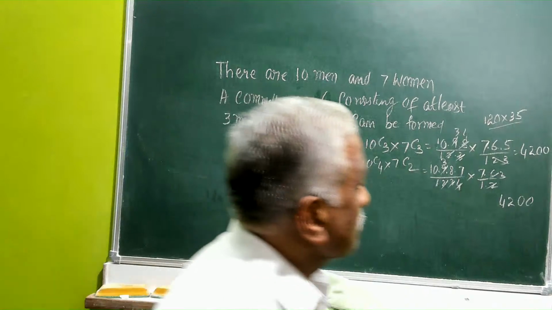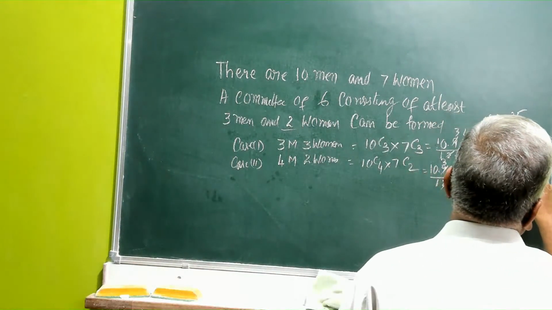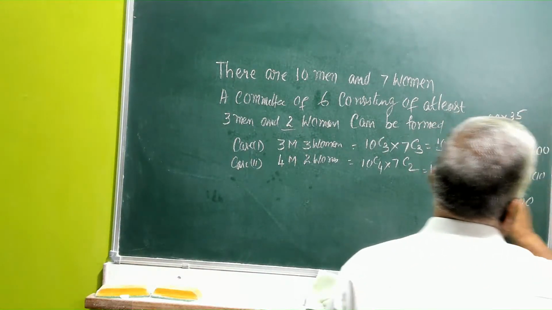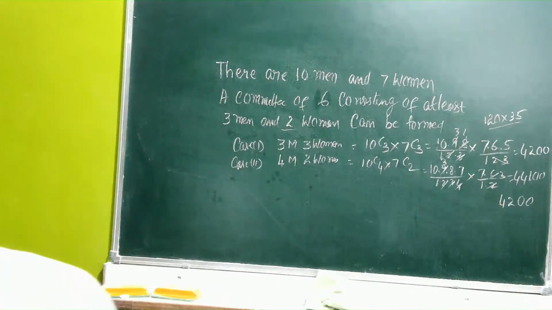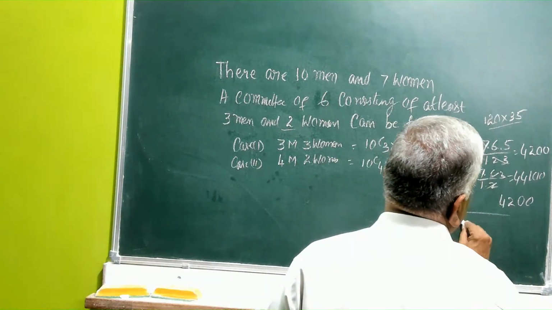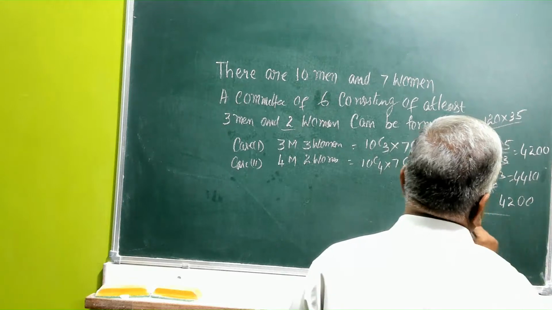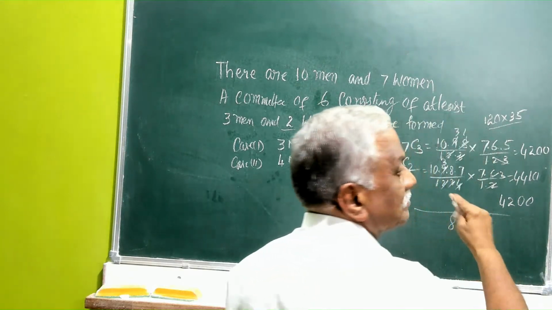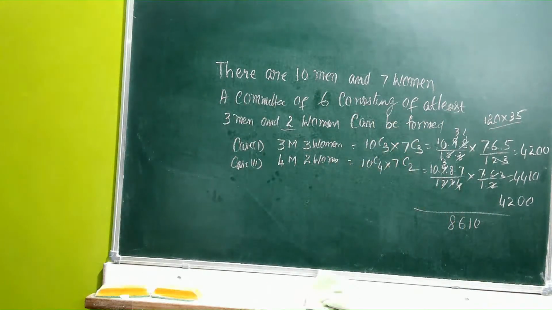It is 44,100. When you add up this, you get 8,610. So you have to be very quick in calculation so that you can do it.